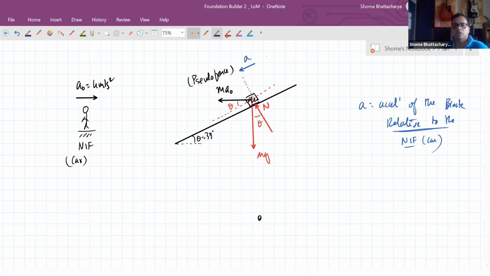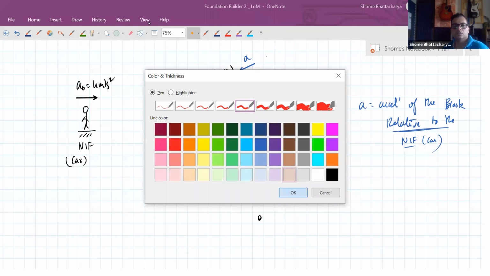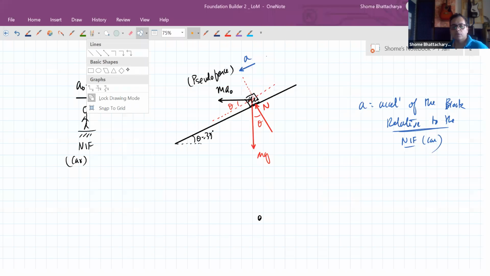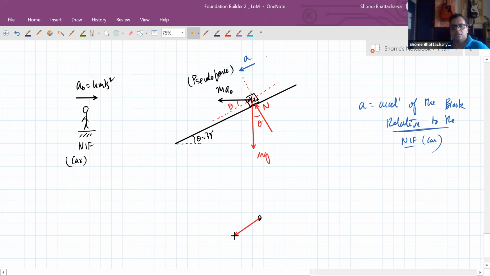So we make a more convenient kind of free body diagram where the components of weight you can show first. The components of weight are mg sine theta and mg cos theta like this. Okay. So the components of weight are covered.